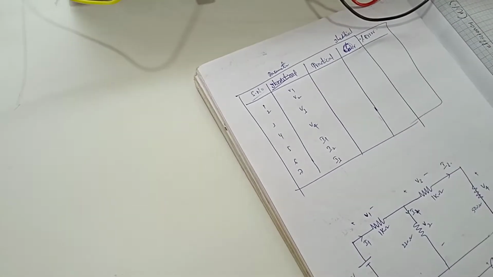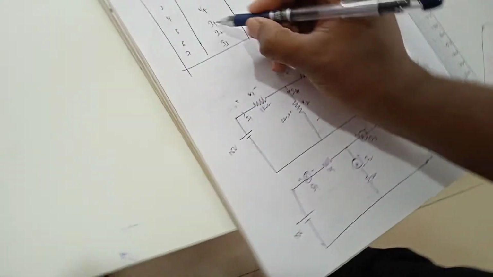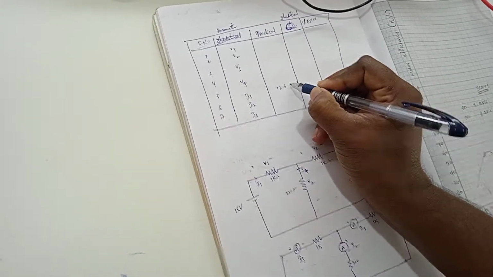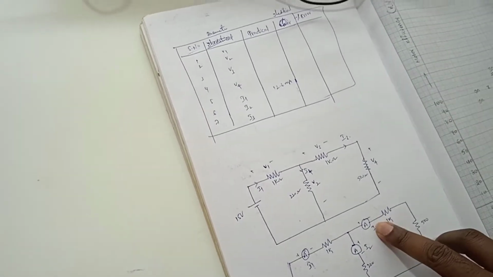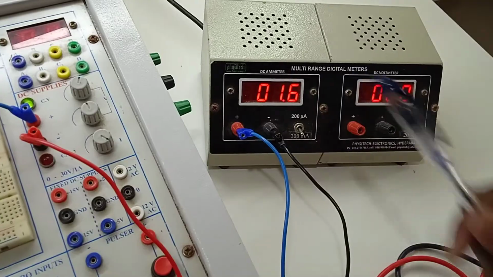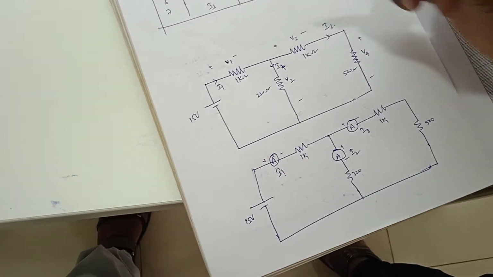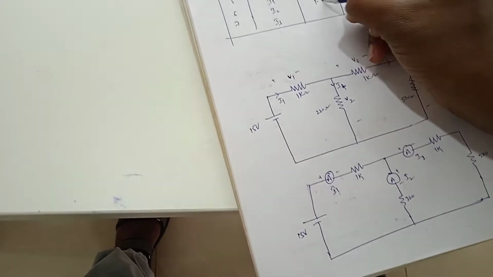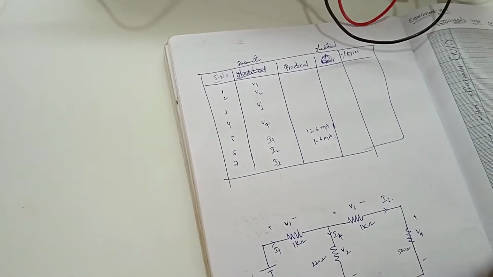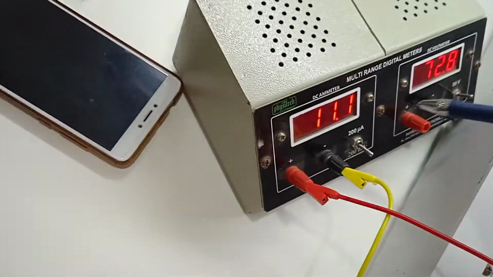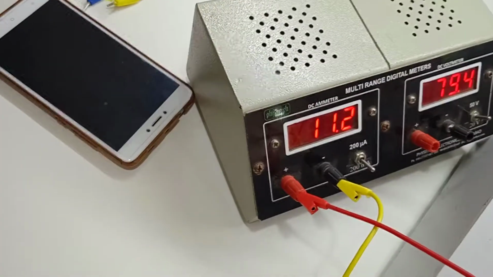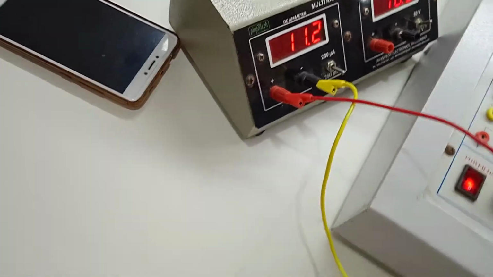This is the circuit, this is I3. I3 has 1.6 milliamperes. And I2, that is 11.1, so I2 is 11.1 milliamperes.